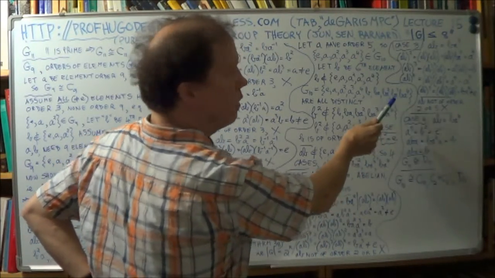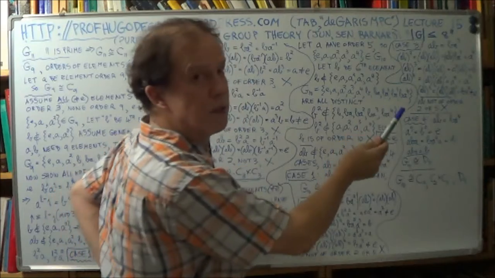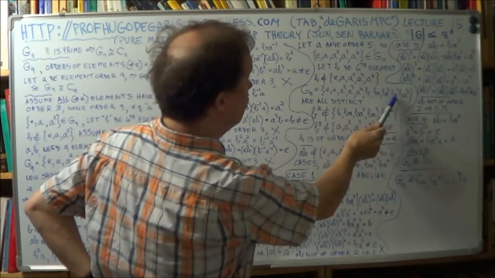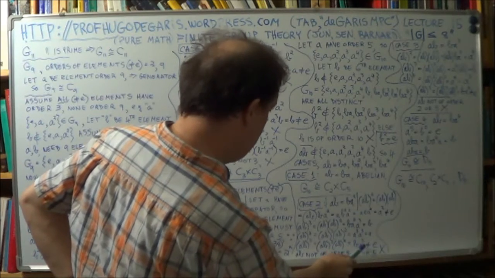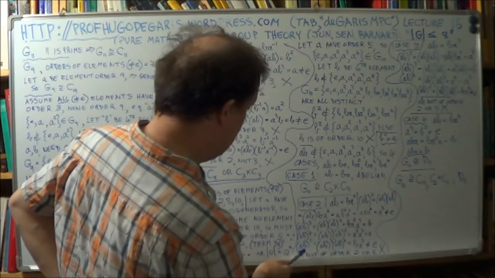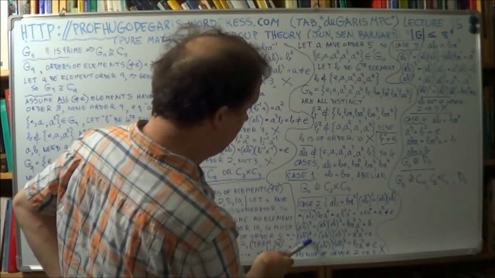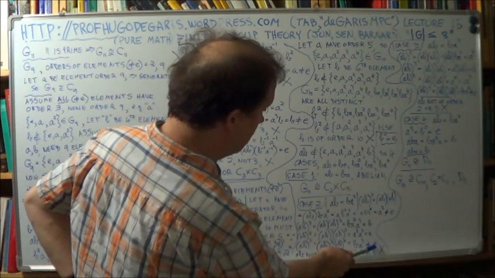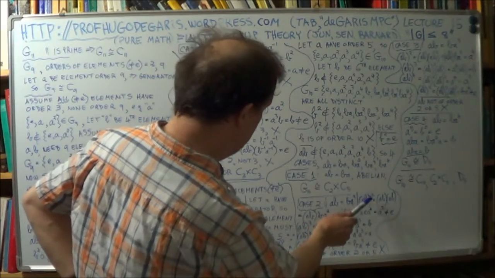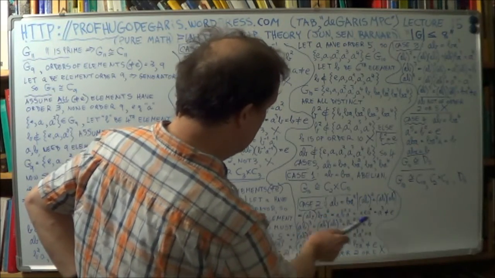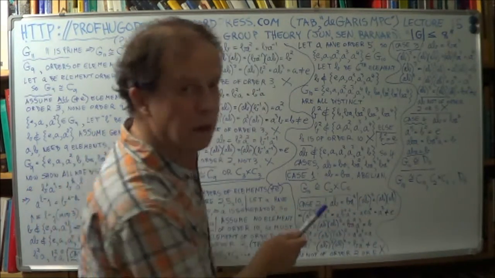This is not E. Remember, all these 10 are distinct, they're different. So BA cubed is not E. So the AB to the 5th power is not equal to E. But AB to the 2nd power, squared, is also not equal to E.